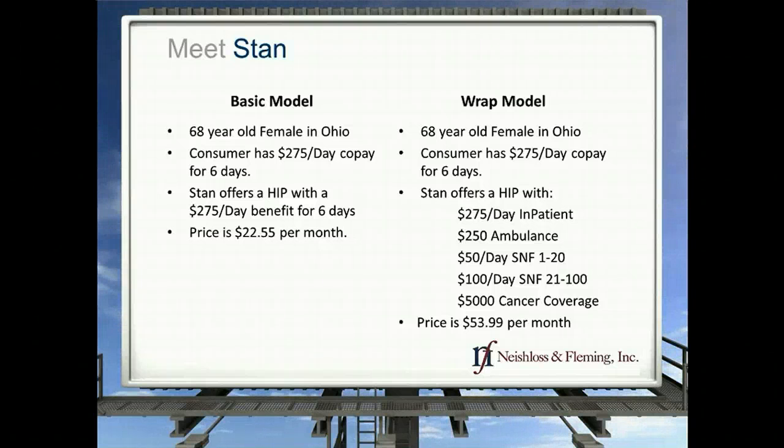Stan offers a hospital indemnity plan with not just the $275 per day inpatient, but also some additional riders: $250 towards ambulance, $50 per day the first 20 days in a skilled nursing facility, $100 per day, days 21 through 100, as well as $5,000 of first occurrence cancer coverage. And the price on that product would be $53.99 per month. So 2 different models, 2 different approaches, giving the consumer the ability to determine what is and is not necessary in terms of their priorities.